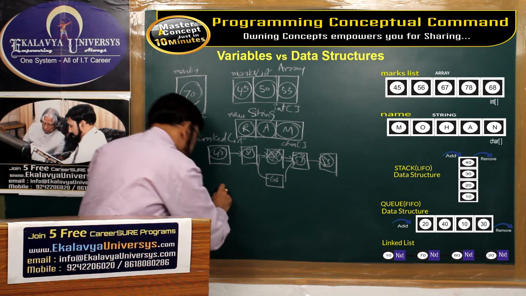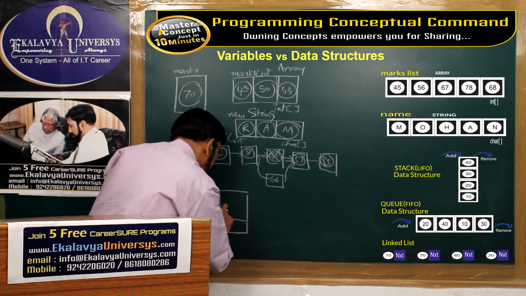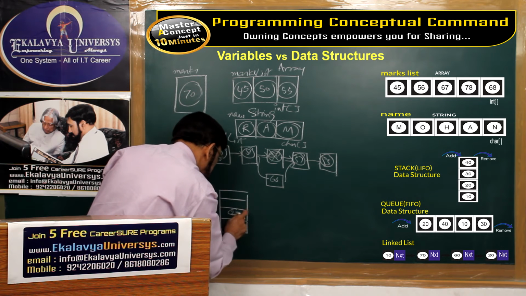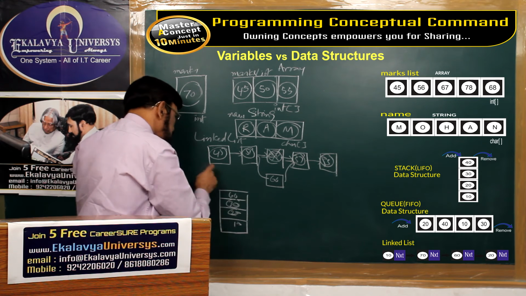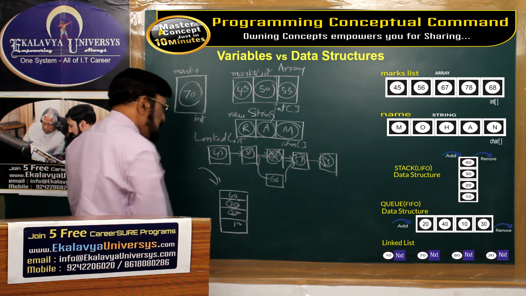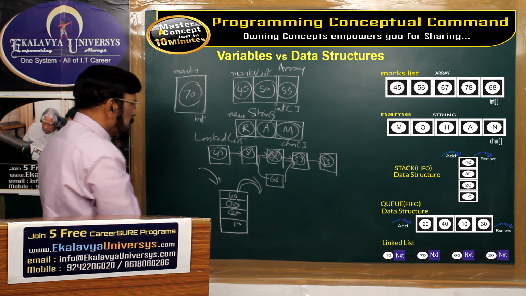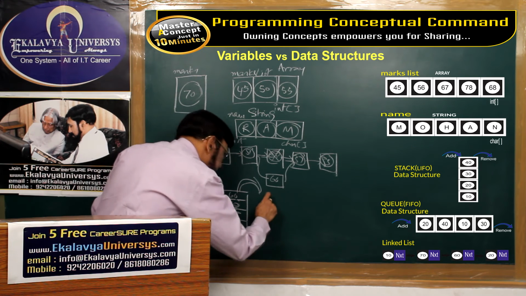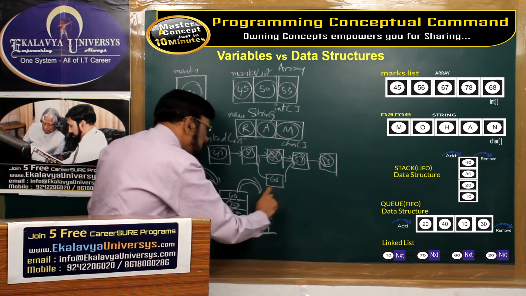One more data structure I introduce to you, that is stack. Stack is like this: 10, 20, 30, 40. Elements are inserted like this, one by one. And if you want to delete or remove elements, you have to remove them like this. For example, it is like a coin stand. You see the coin stand like this.